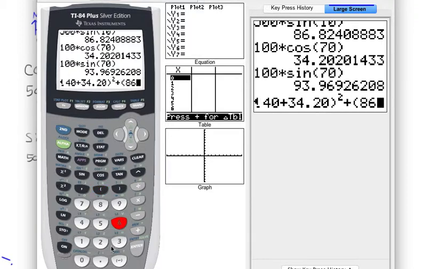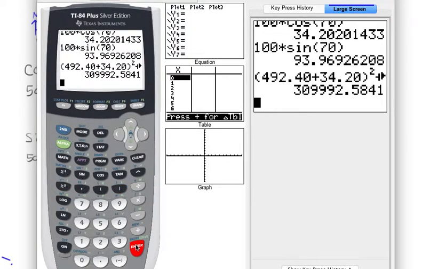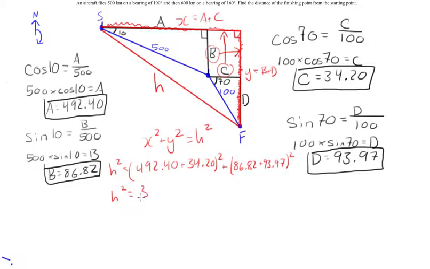I don't really care about the individual calculations, and if I don't care about them, they're not important. Honestly, they're just going to be a waste of time. So this is also going to help me with rounding as well. So I put this in there and I get 309,992.58. So h squared is 309,992.58.